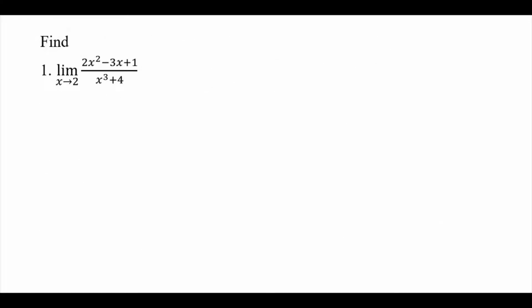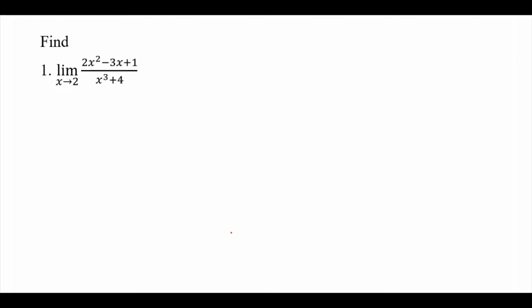Let's find some limits. We have the limit of 2x squared minus 3x plus 1 over x cubed plus 4 when x approaches 2. Let's check if the limit as x approaches 2 exists if we use the limit laws that we know. So we have a quotient here.